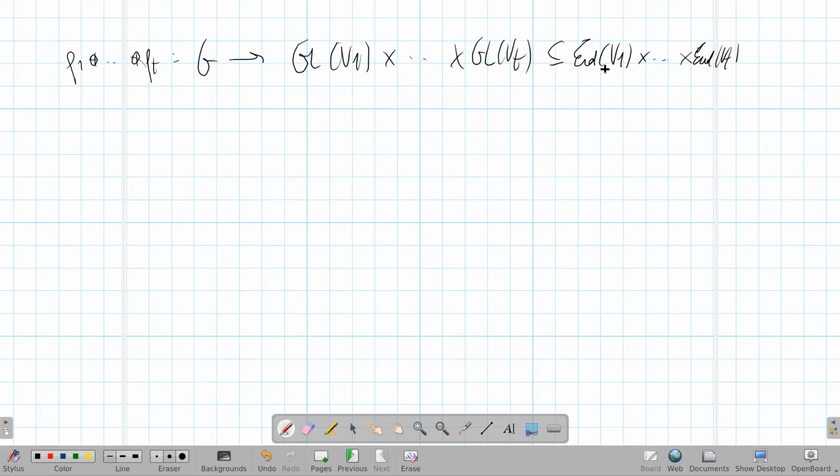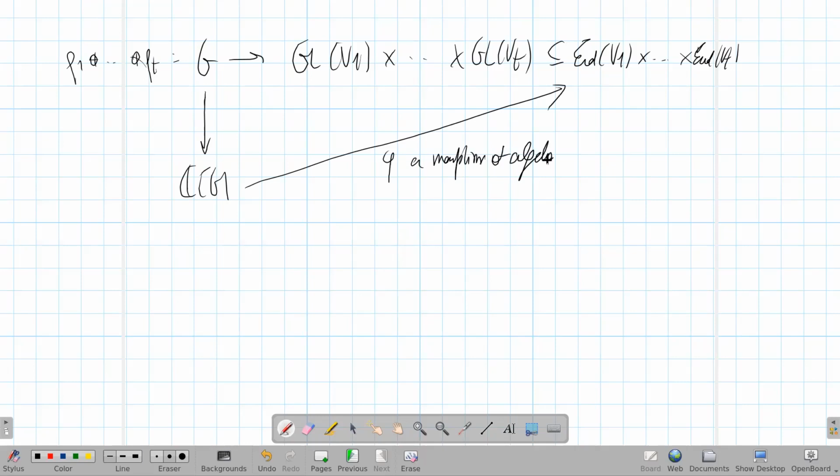Or abstractly, these are all linear maps on V_1, and these are the invertible ones. But then G goes inside this, and the universal property of the group algebra tells you that you have a morphism phi, a morphism of algebras.